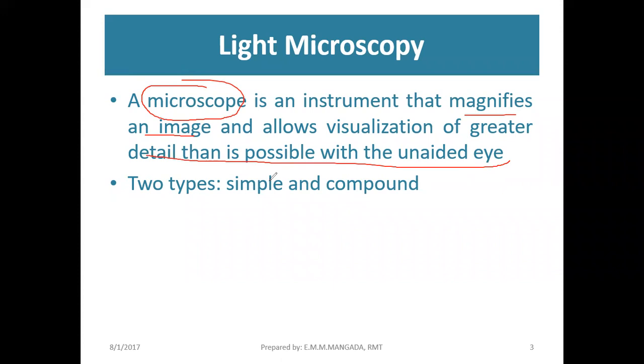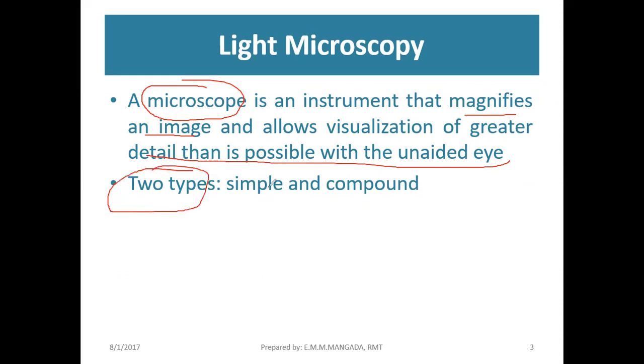It means that with the use of our microscope we can see even the smallest objects that our eyes cannot see. Objects as small as or smaller than dust particles, we can see them with the aid of our microscope. For microscopes, we have two general types.